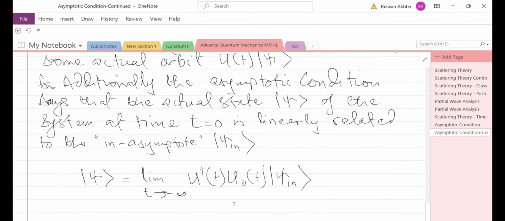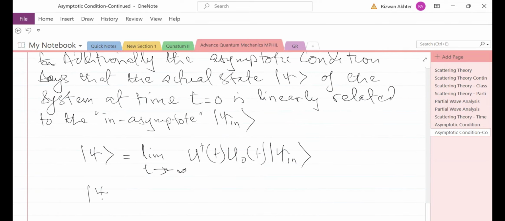So we can say that psi is equal to, let us write it this way. Let us denote this limit t tends to minus infinity of U dagger of t, U naught of t, by a mathematical object omega plus.